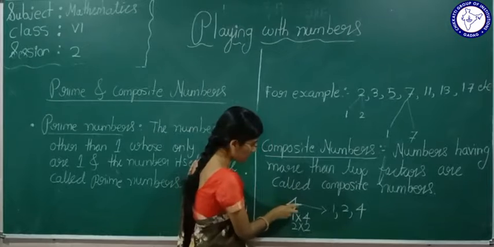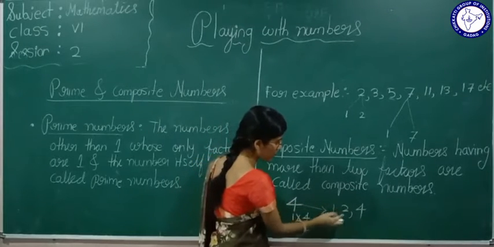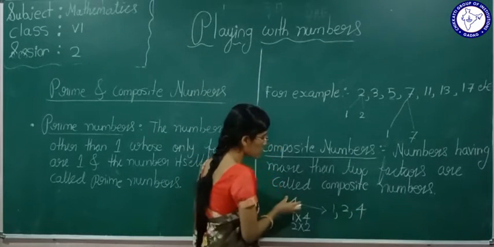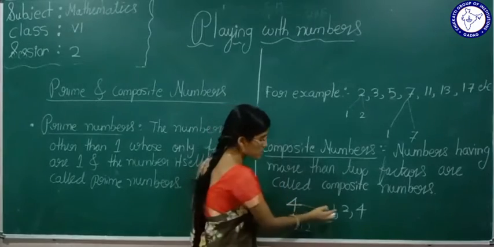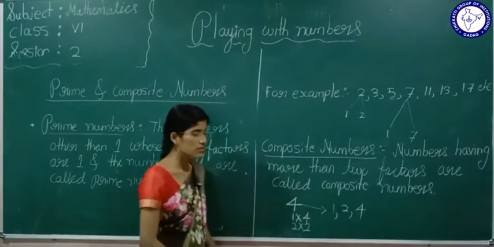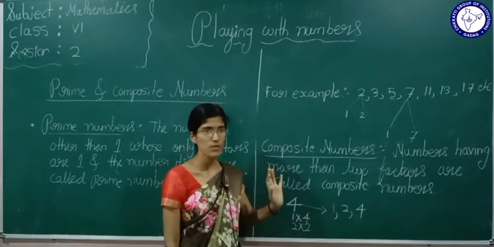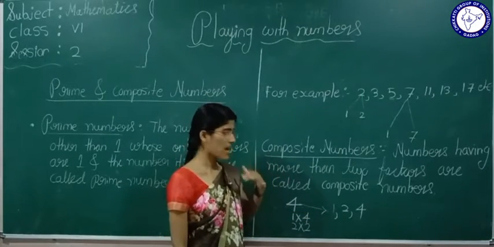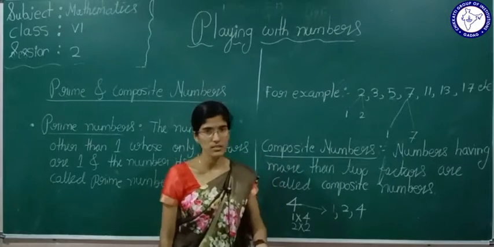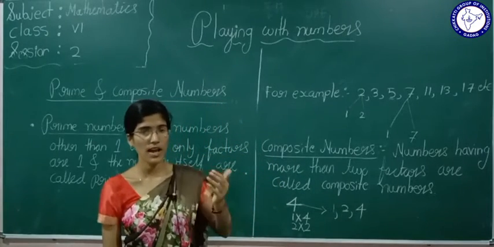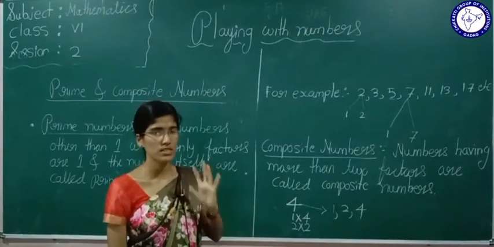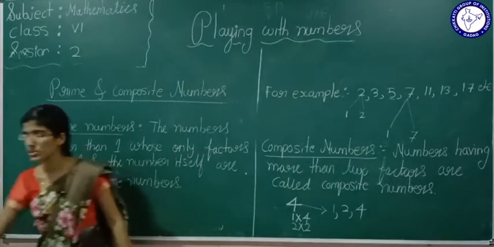This number 4 has 3 factors. Yes or no? Then such numbers are called composite numbers. Composite numbers means numbers having more than 2 factors. It should have more than 2 factors, and such numbers are called composite numbers.